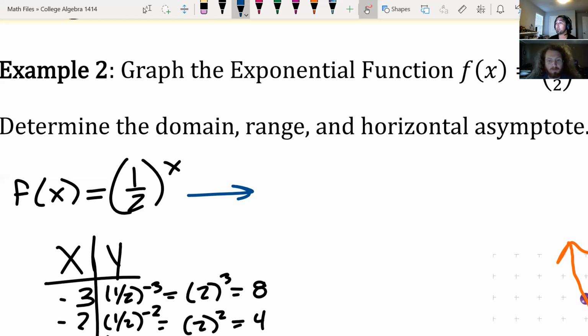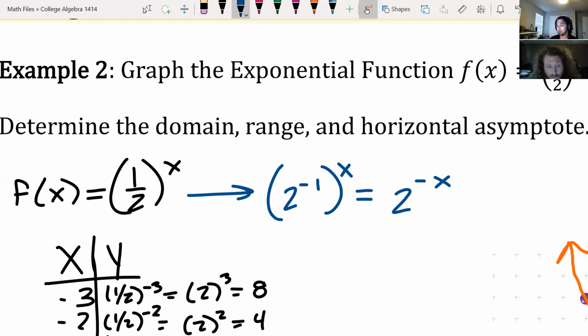Exactly. Could you flip that 2 up and give it a negative exponent? 2 to the negative x. Good. So this would flip up to become 2 to the negative 1 raised to the x, which would give me 2 to the negative x, which means you would have a function with a transformation.